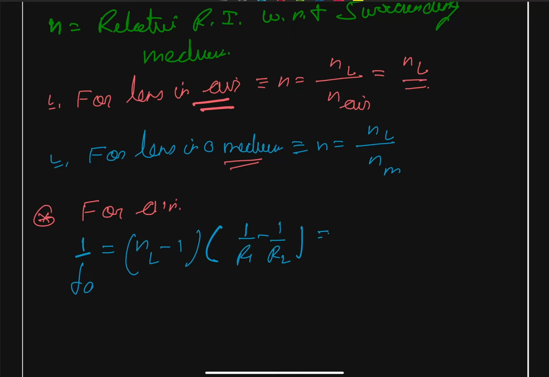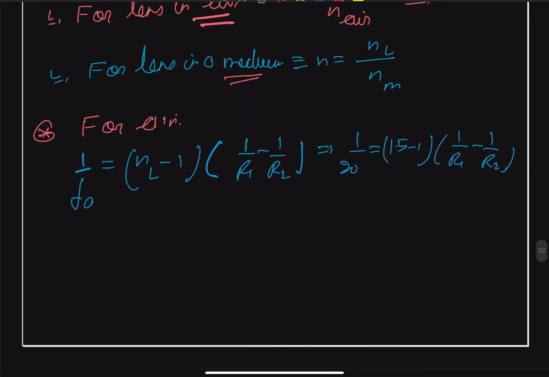The focal length is 20, so we get 1 upon 20 equals (1.5 minus 1) times (1 upon R1 minus 1 upon R2). From here we find that 1 upon R1 minus 1 upon R2 comes equal to 1 by 10.